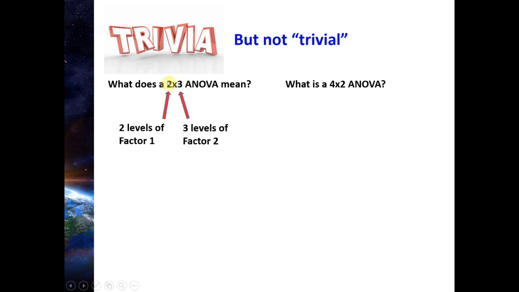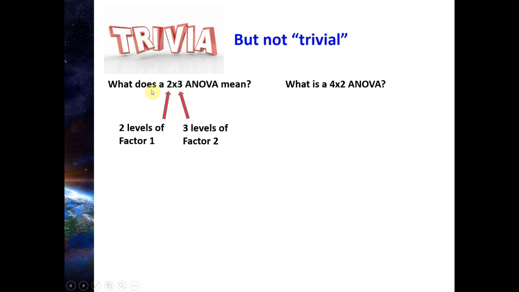All right, so we have one factor represented by the first position and the second factor represented by the second position. And then the actual number tells us the number of levels that factor has. So factor 1 has 2 levels, and factor 2 has 3 levels.